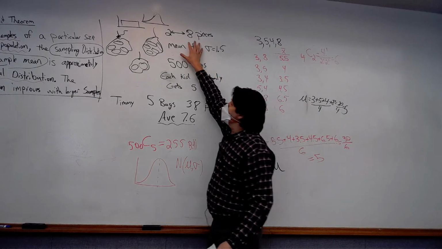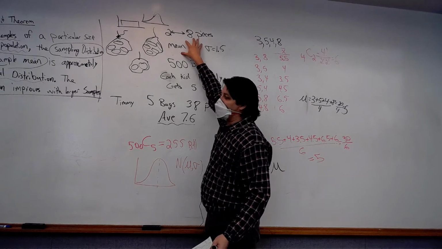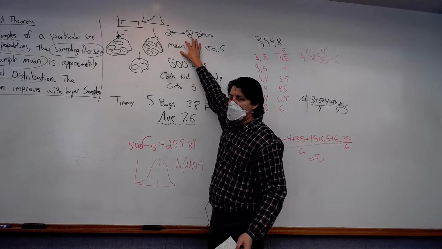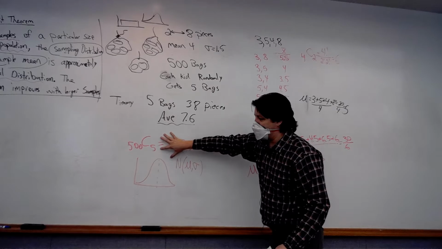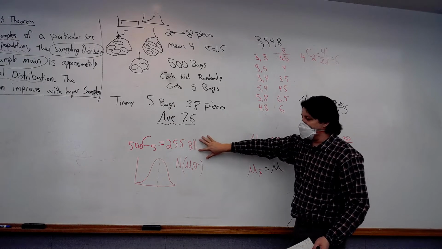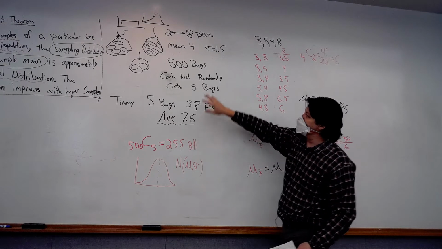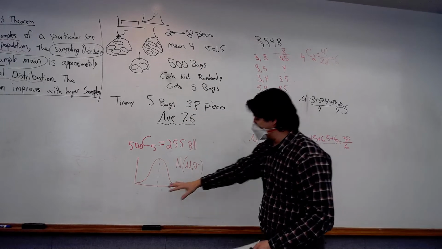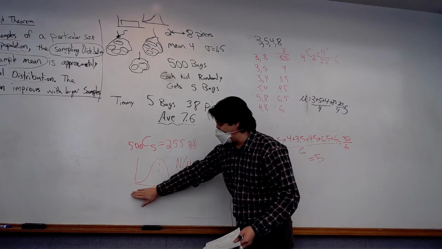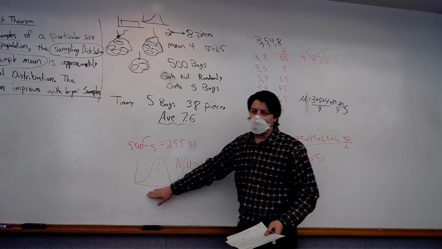So the mean of the bags of candy is 4, the population. So when we think about all the 255 billion different combinations we could have for samples, the mean of all of those is also going to be 4. So that starts to describe this distribution of sample means.